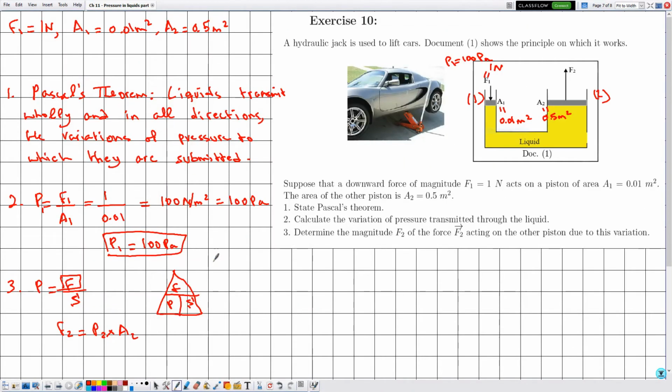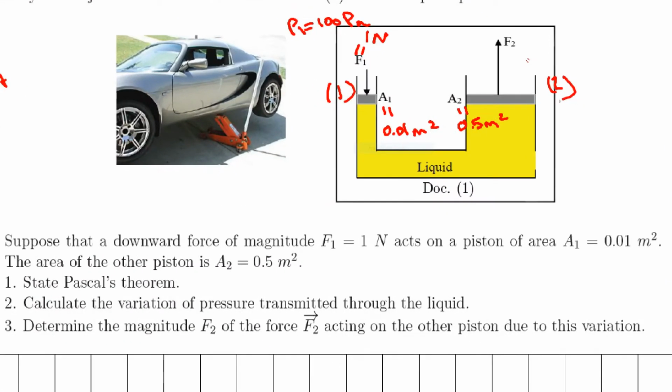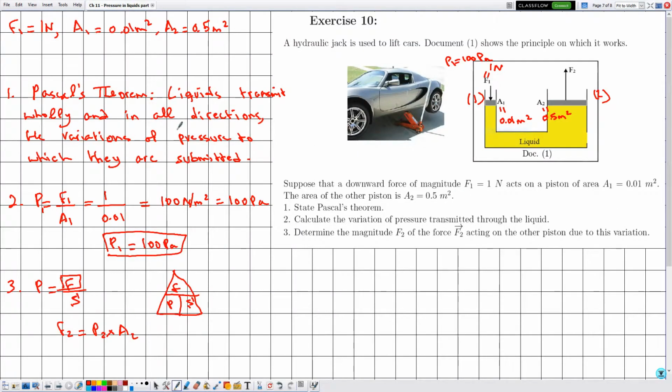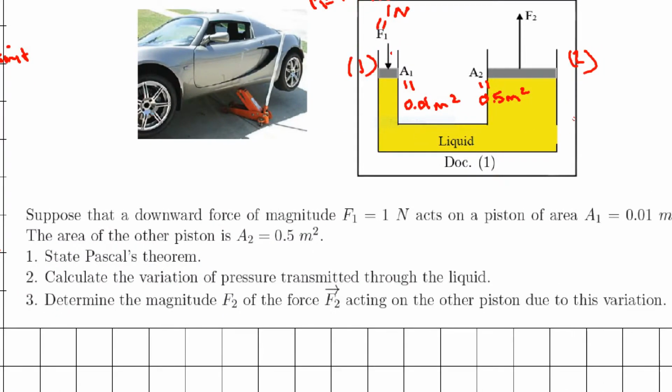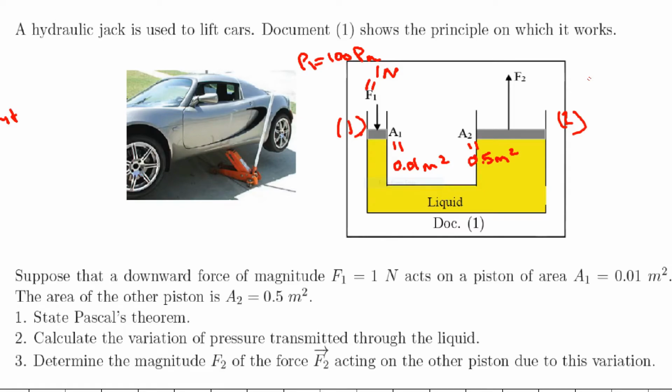Now in order to determine the value of F2, we need to know the value of P2. However, if you notice, in number 1 they have asked us to state Pascal's theorem, and we know the value of P1. According to Pascal's theorem, liquids transmit wholly and in all directions the variation of pressure to which they are submitted. So the variation of pressure P1 submitted at the piston 1 will be transmitted to the piston 2 having a cross-sectional area A2.